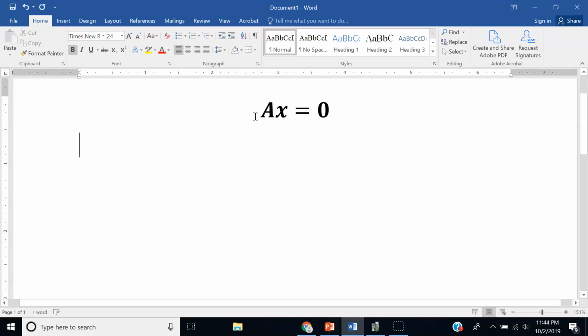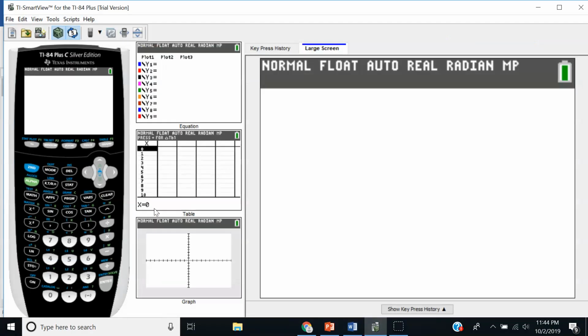In order to solve a matrix equation, we can put it as an augmented matrix. In this case, we really don't need the augmented matrix because the rightmost column is all going to be zeros anyway. So we can just put the matrix A into our calculator and go ahead and row reduce matrix A.